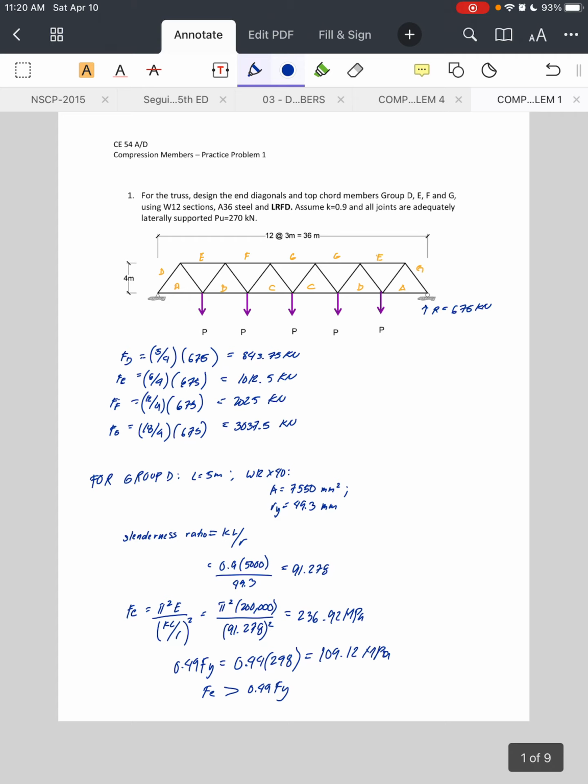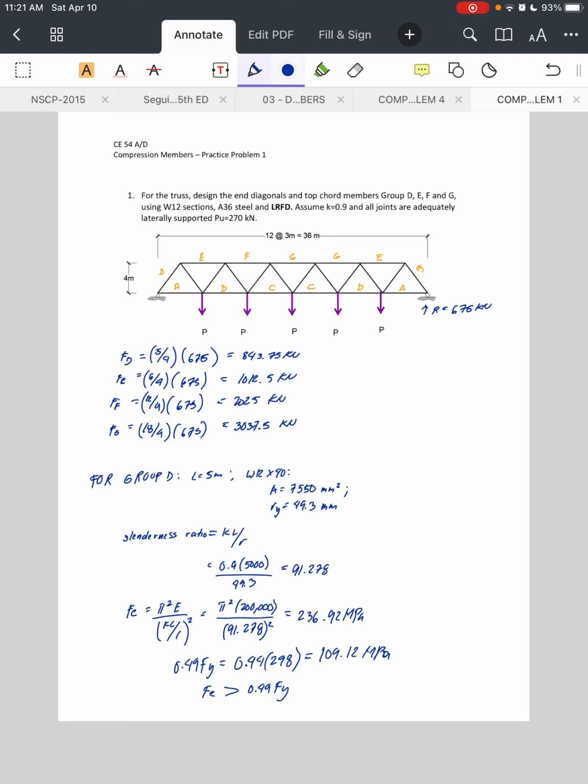Because if you look at the table, or if you're first selecting the section that you will try for your different iteration, kung compare nyo rx and ry nung W flange nyo, yung ry kasi yung magbibigay ng critical ratio.